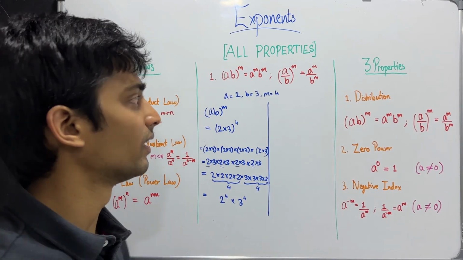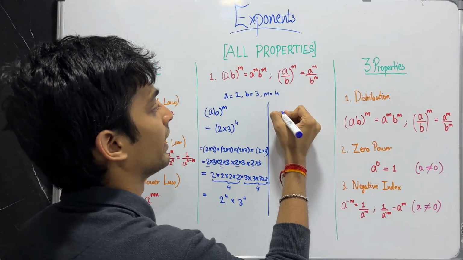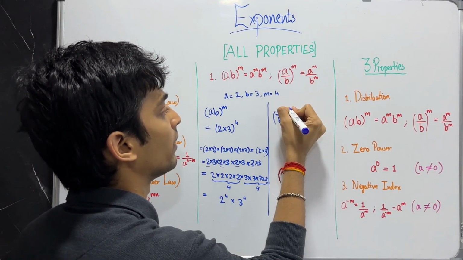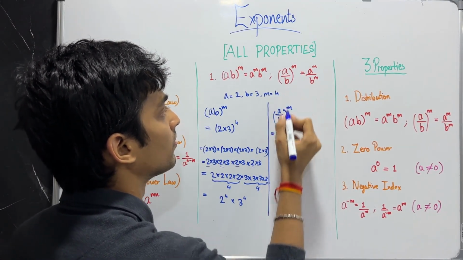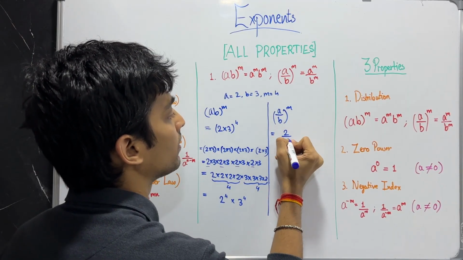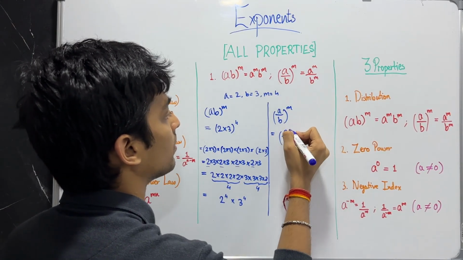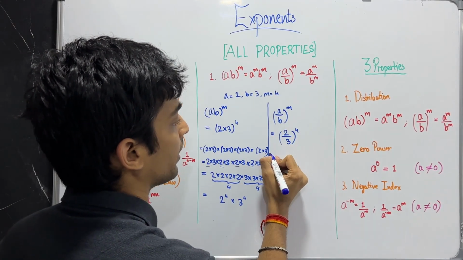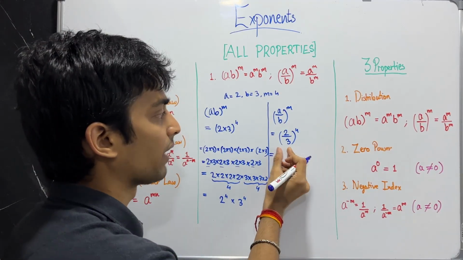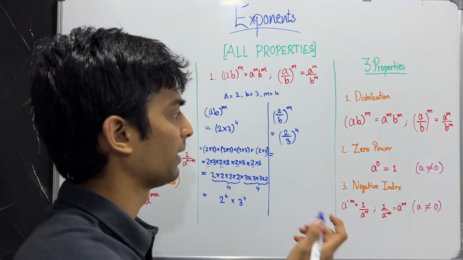Let's try it with the division. So a by b the whole raised to m would become, so we have 2 upon 3 the whole raised to 4, right? So now this whole fraction will get multiplied by itself 4 times.